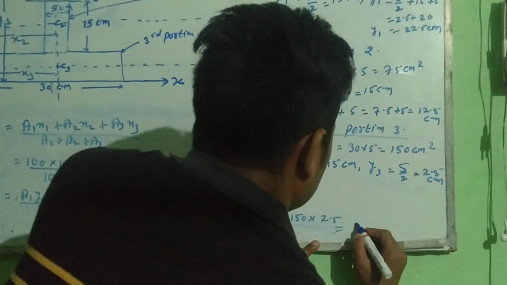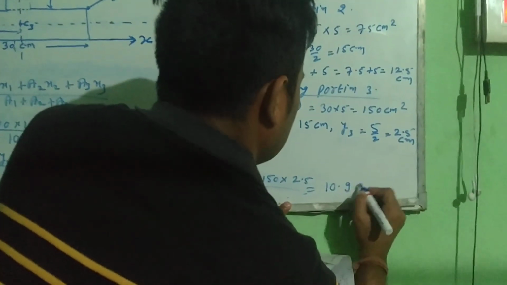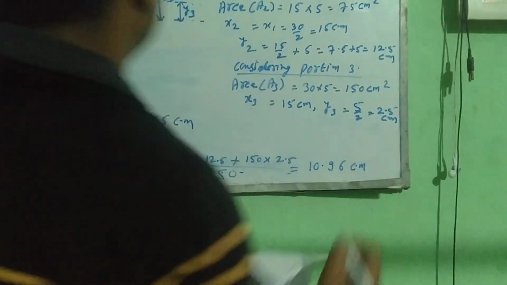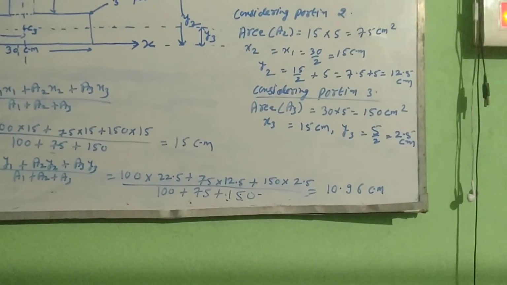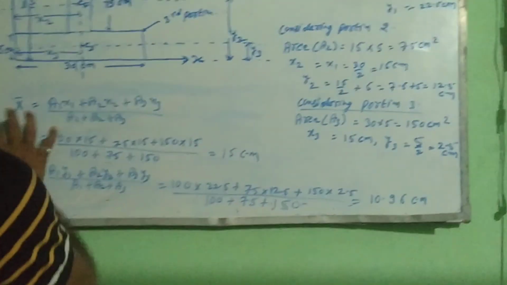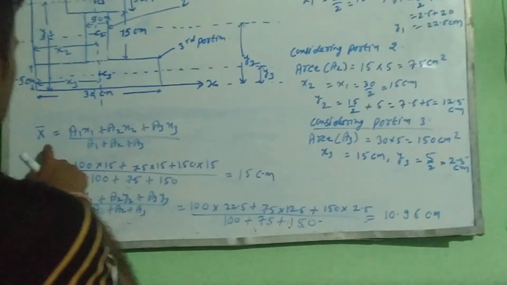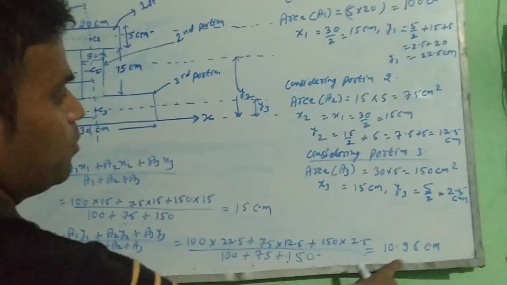After solving you will get 10.96 centimeter. So this is the final answer: x bar is 15 centimeters and y bar is 10.96 centimeter.